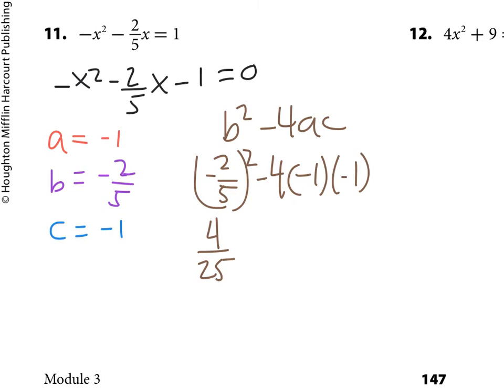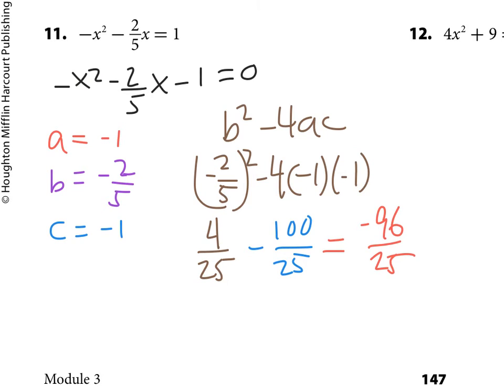And now we have a negative times a negative times another negative. These two negatives turn out to be positive, and that will bring it back to being negative again. So we have a negative, and then 4 times 1 times 1 is just 4 again. Just to keep it fractions, we have 100 over 25 because that was 4 before. So when we do the math here, you'll end up with negative 96 over 25.